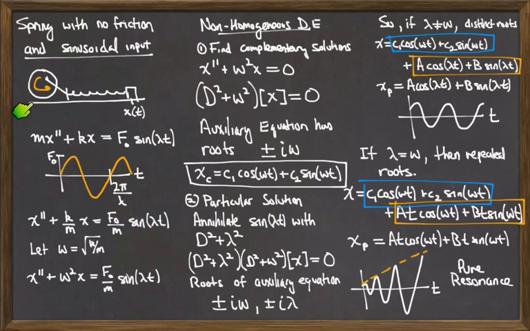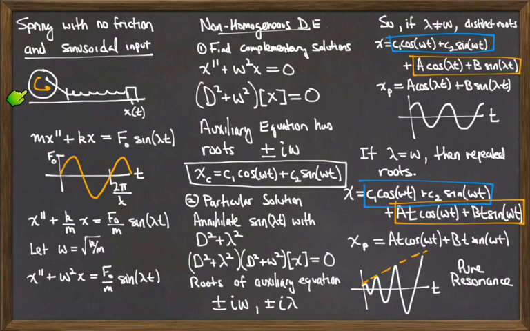In the physical context, I've got this spring which wants to oscillate at a particular frequency determined by this number omega. That's its natural oscillation frequency. But then on top of that, I'm putting in this extra force that's going to be determined by the value of lambda. That's my angular frequency of the external force that I'm adding to the system.